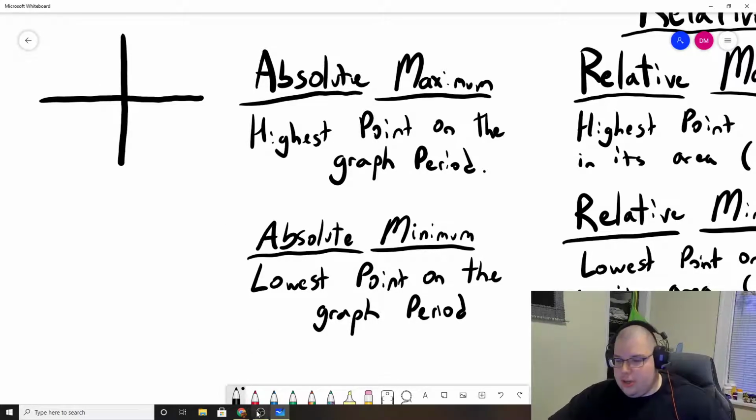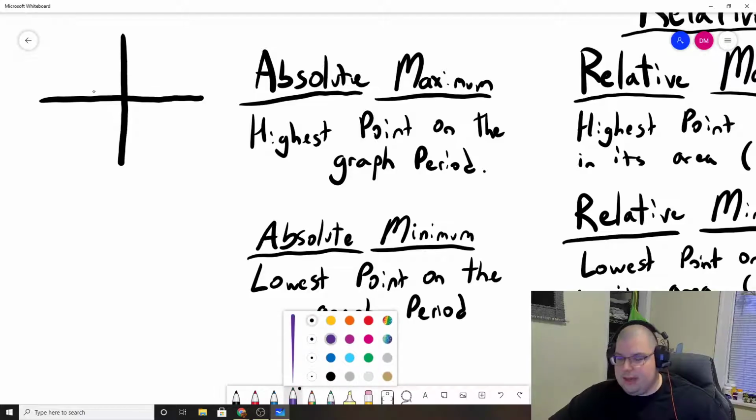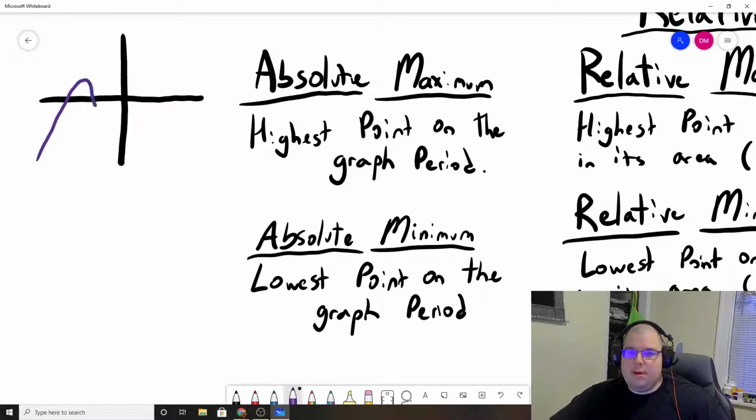So I'm going to go ahead and draw us a picture of what an absolute maximum might look like. The function's going to come up, it might wiggle around, but then it needs to go back down. It can't continue going up because we need some point to be absolutely the highest point.